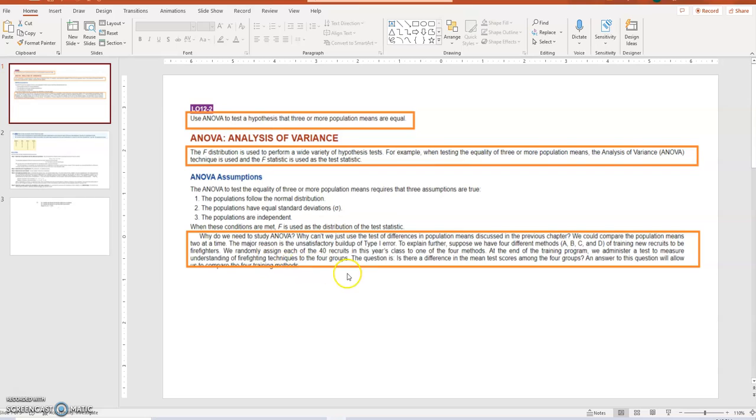The key thing to point out is that as you continue to do those tests, the probability of a type 1 error begins to increase, and that typically will throw off your results. So we use this F distribution through analysis of variance to help us test 3 or more means together.